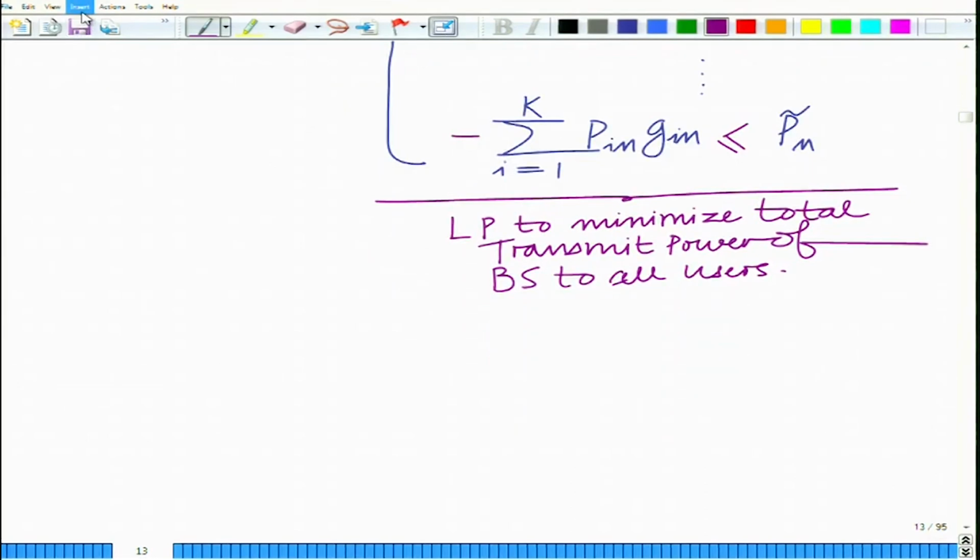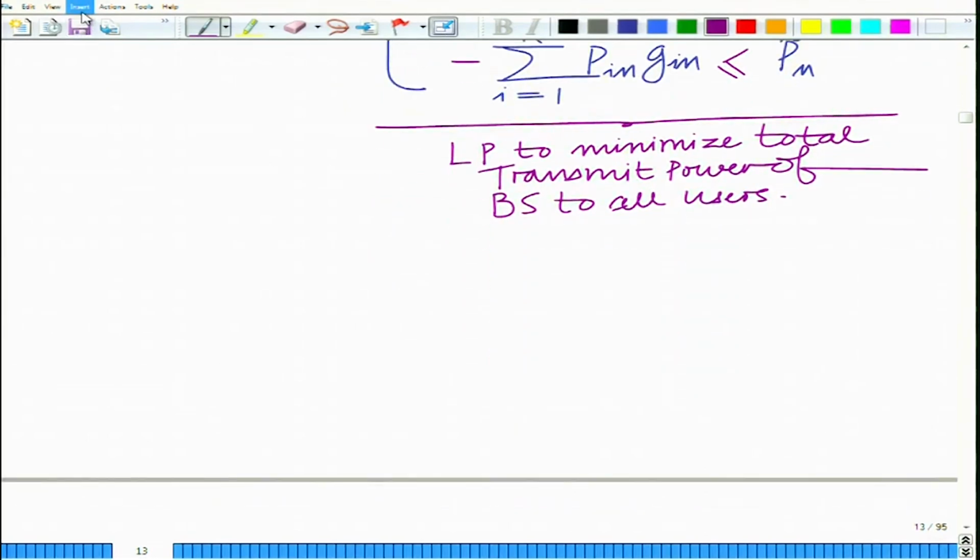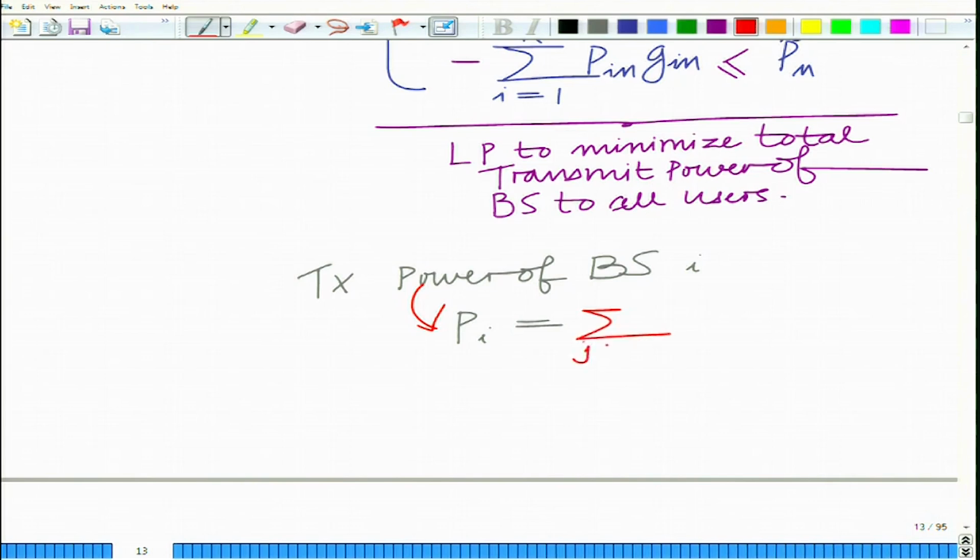Now, an interesting variation on this problem can be the following thing. Now, if you look at the transmit power of any single base station, let us look at the transmit power of base station i, that can be represented as Pi. So, the transmit power of base station i can be represented as Pi equals summation over all users of Pij, that is the power transmitted to all the users.